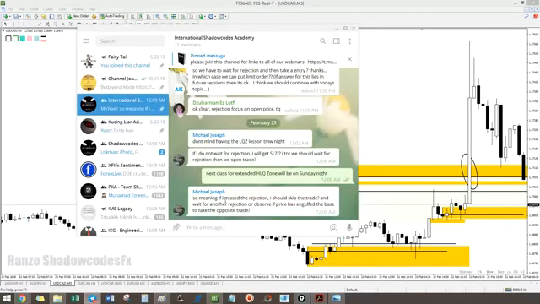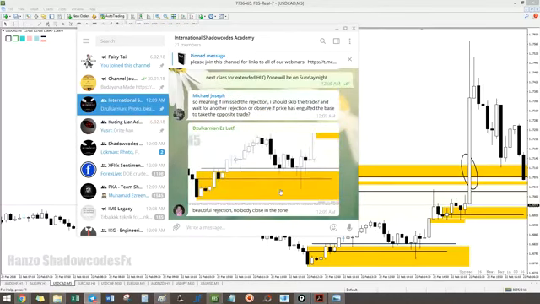So meaning if I miss the rejection, I should skip the trade. Miss a rejection, what do you mean? Yes, correct. Beautiful rejection, nobody closes inside the zone, this whole zone. And wait for another rejection, or observe if price has engulfed the base to take the opposite trade.